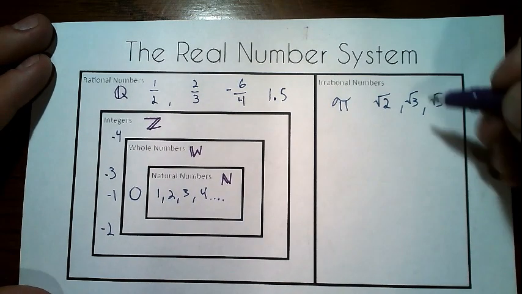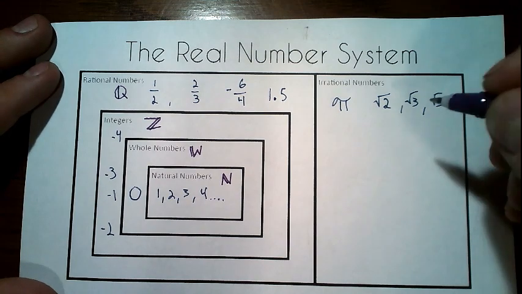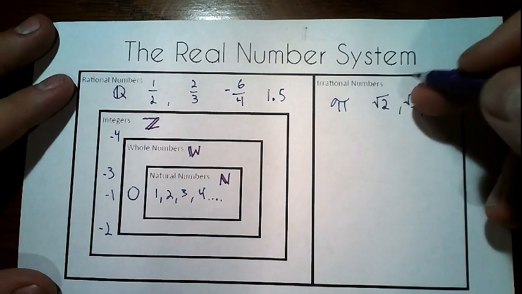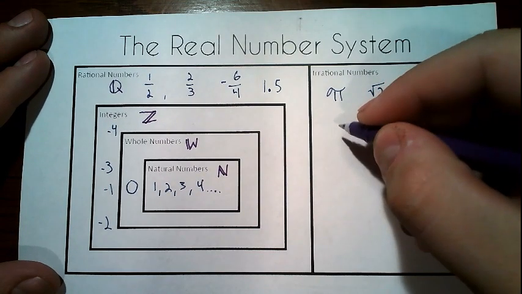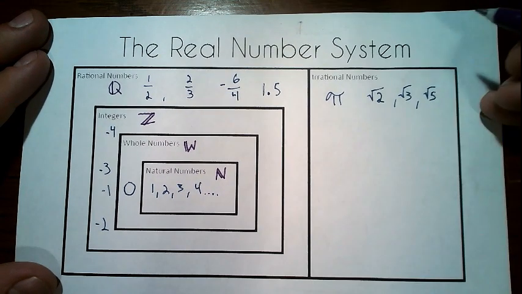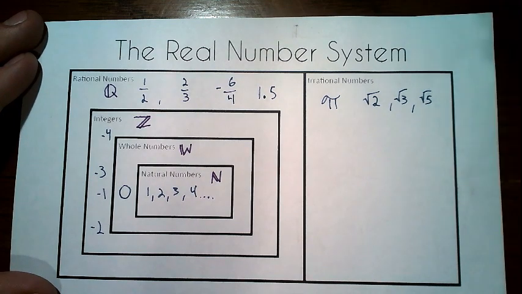Irrational numbers, there is a way that we represent irrational numbers as a system, and a different name for them is algebraic rational numbers.